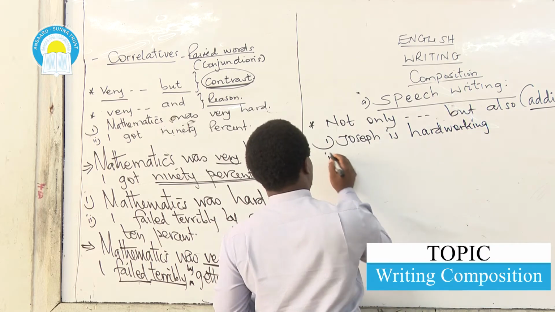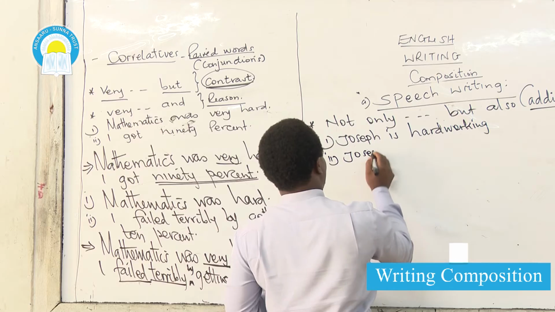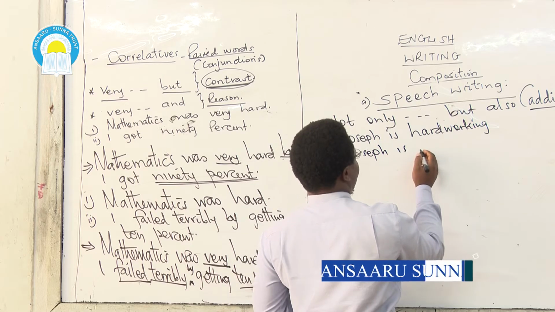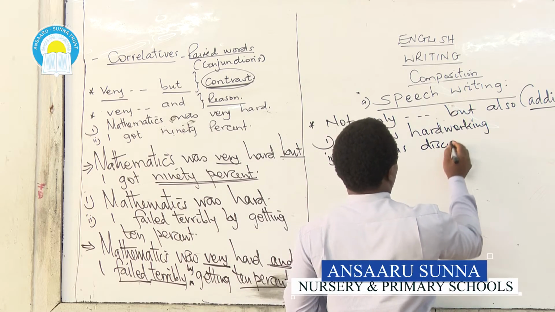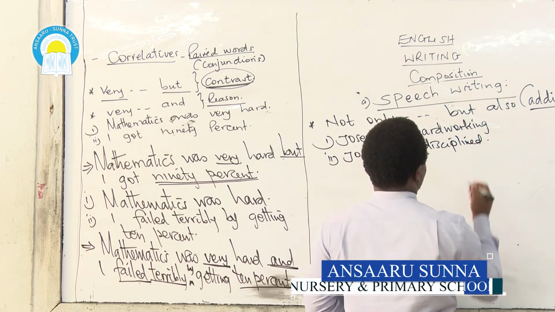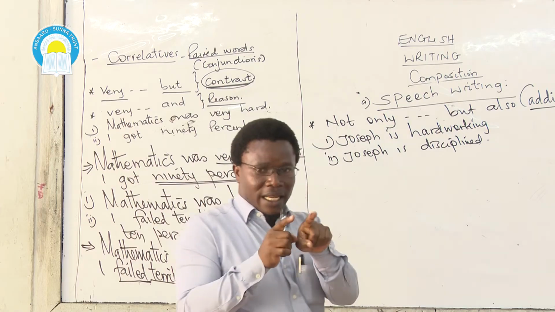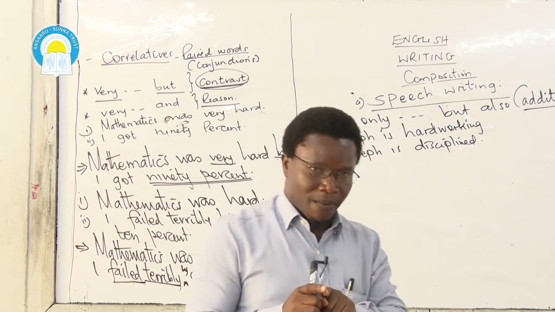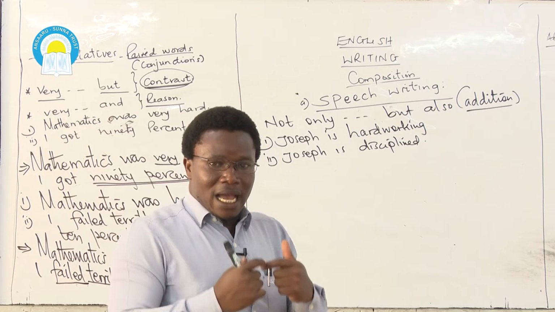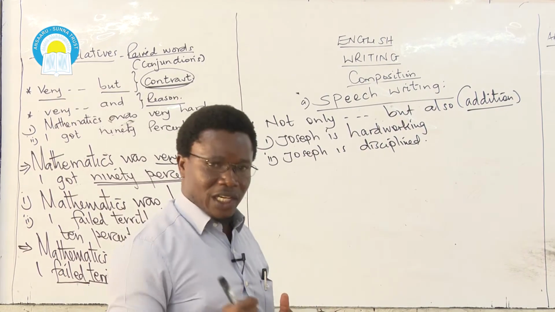And two, Joseph is disciplined. Remember, viewers, hard work goes hand in hand with discipline. If you are hardworking and disciplined, you succeed.